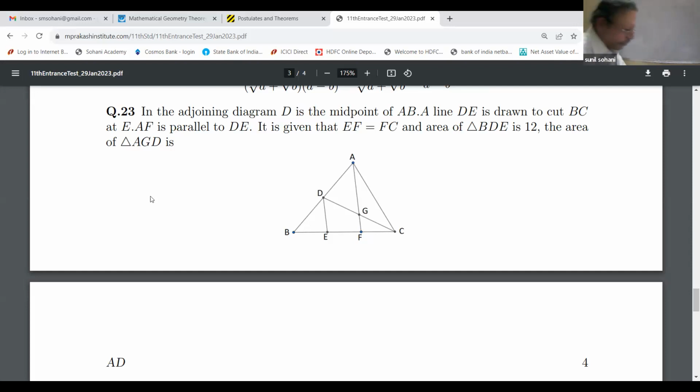Okay, let us draw the picture. You also all start drawing the picture if you have not done so far. G is a midpoint. And a line DE is drawn to cut BC.